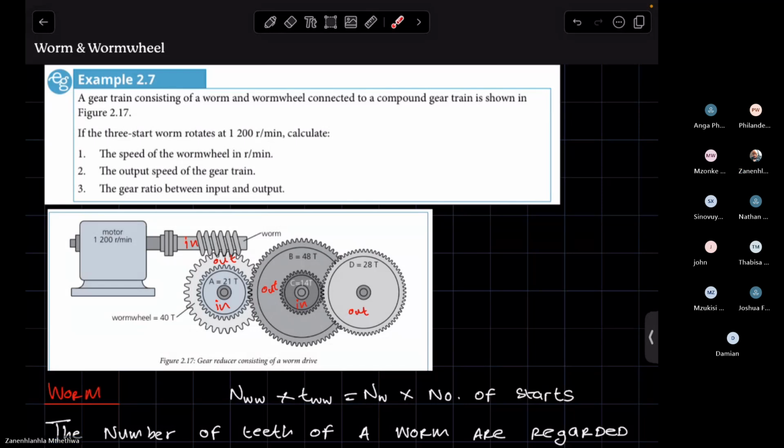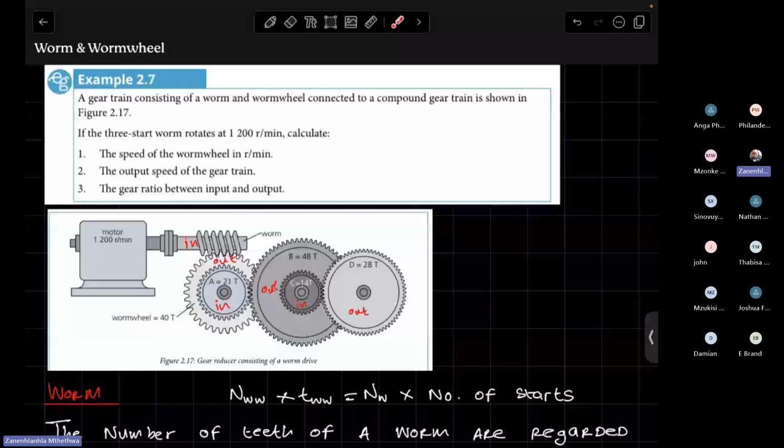If the question is based on worm and worm wheels and you haven't been given the number of starts, then they want you to calculate the number of starts. If they don't want you to calculate it, the question is wrong. Such questions in an exam will never make you assume the number of starts. Okay, it makes sense.